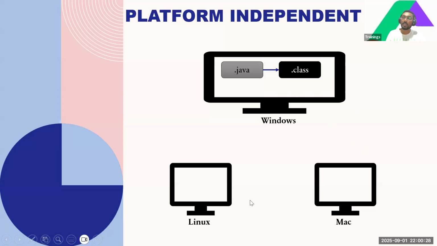Let's take an example. WhatsApp application is limited to only Android phones, or is it open for Android and also for Apple? It is not limited to Android. It is open for Apple also. Correct? So what do you think?